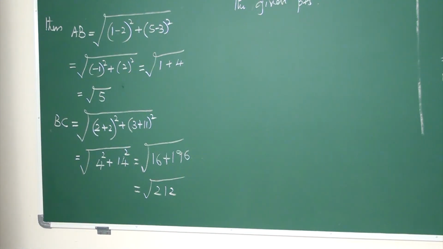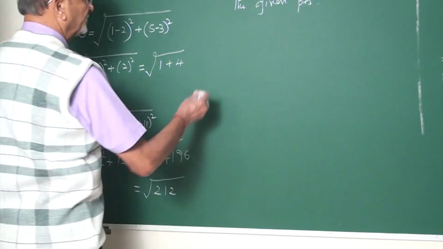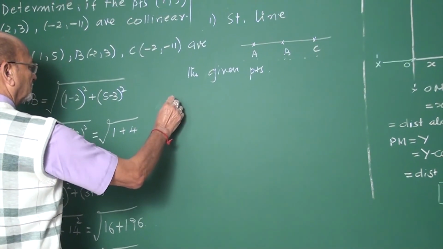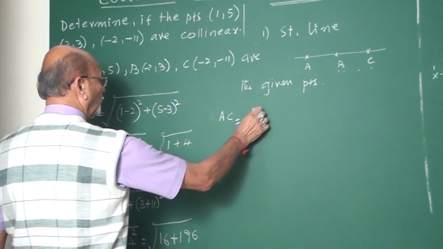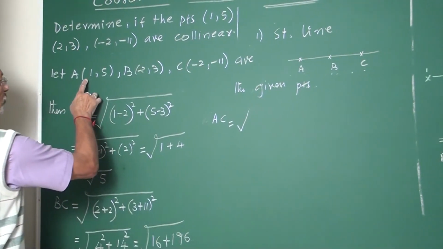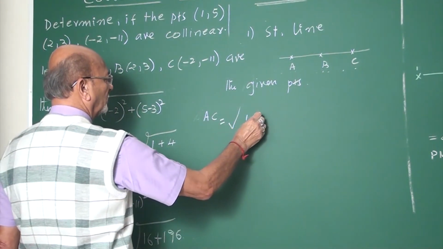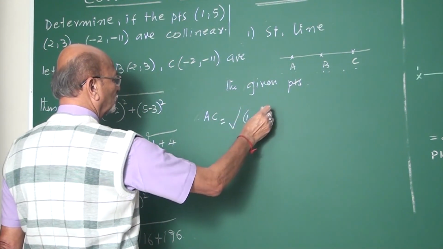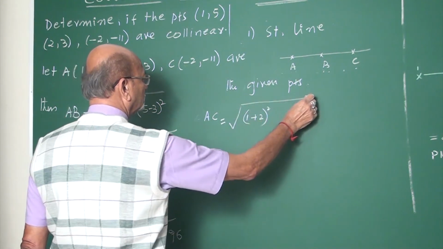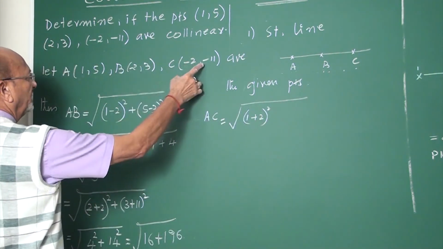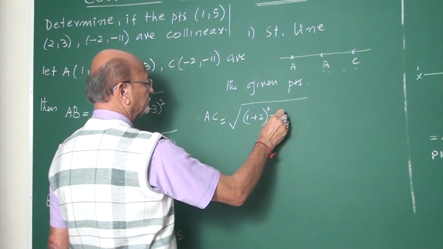Next is CA or AC, anything you can write. AC is the square root of (1 minus of minus 2) the whole square plus (5 minus of minus 11) the whole square.